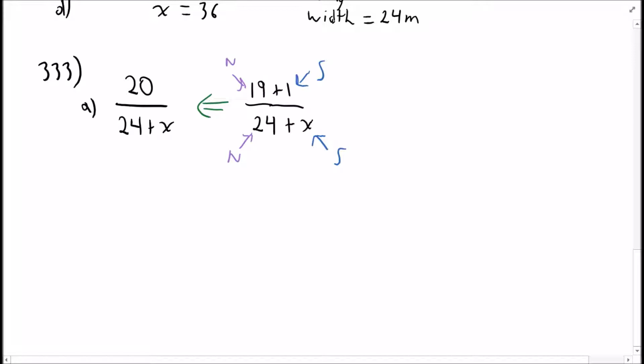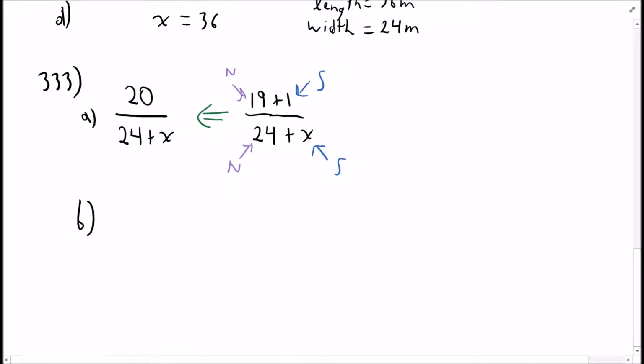B says, give an expression for the proportion of South Island politicians who supported moving the capital. So, really straightforward. Only one supported it out of however many on the South Island, which is x. For Part C, it says the difference in these proportions is 50%, or 1/2. Write an equation in x and solve it.